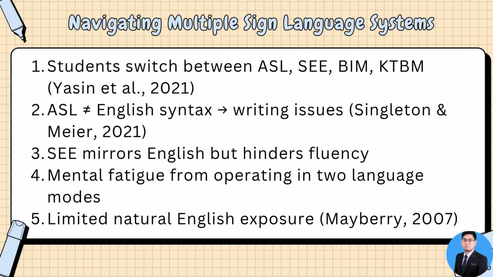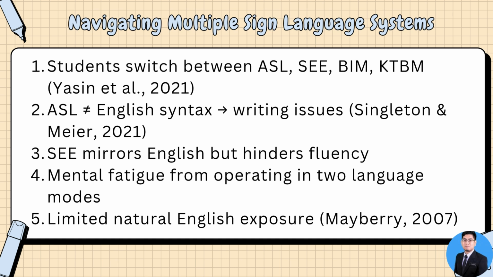So when students try to translate ASL thoughts into English, they often struggle with sentence structure and grammar. On the flip side, SEE helps mimic English grammar, but this disrupts the natural flow of communication. Therefore, this dual processing, navigating between meaning and grammar, places a high cognitive burden. It's like speaking one language but being tested in another.